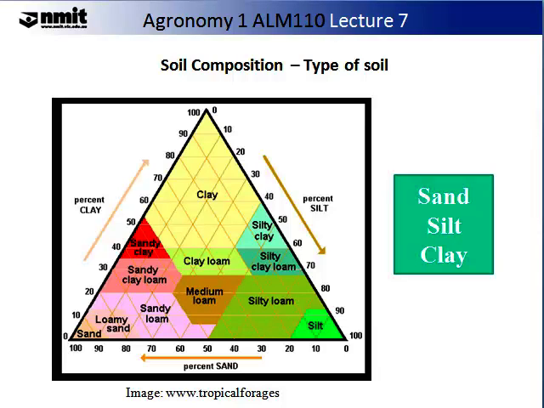For example, a soil with a high clay content, low sand and low silt is described as clay. However, a soil with an equal amount of clay, silt and sand is called a clay loam.